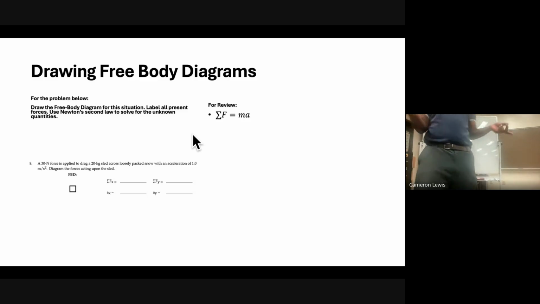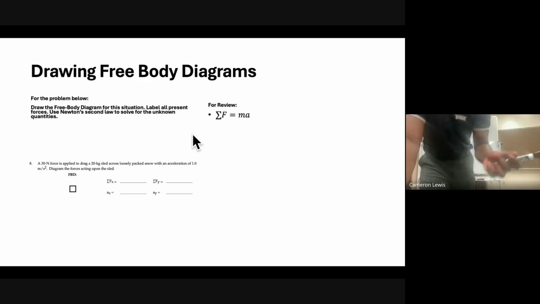Who wants to draw the free body diagram? All right, Cassie will draw the free body diagram on the board. We'll go over it, and then Victory will find the answers. And you guys will watch online and ask questions if you are confused or want to help out at the same time.